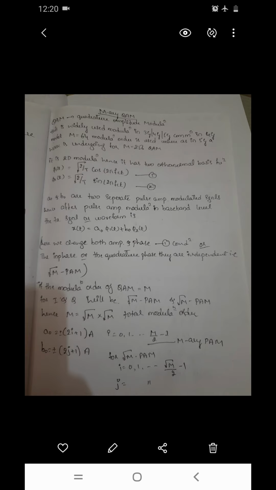If the modulation order of QAM is equal to M, then for in-phase and quadrature phase it will be root M PAM and root M PAM, that is M is equal to square root of M into square root of M. A0 is given as plus or minus (2i plus 1) into a, where i is equal to 0, 1 up to root M by 2 minus 1.